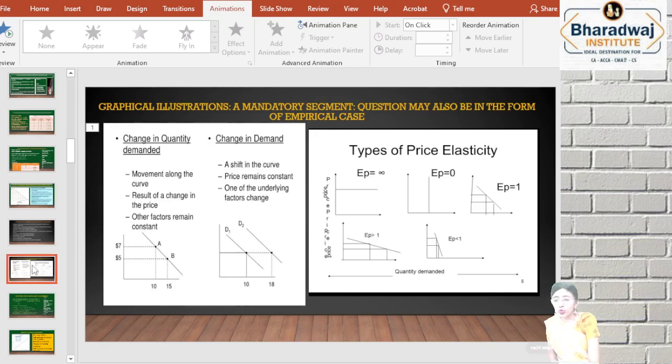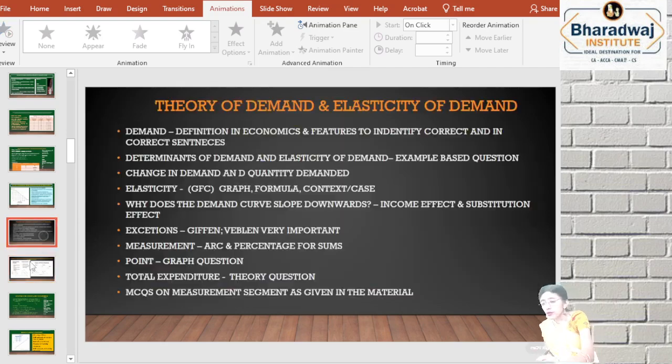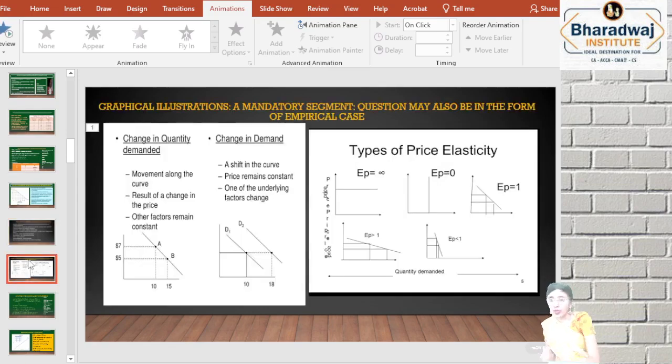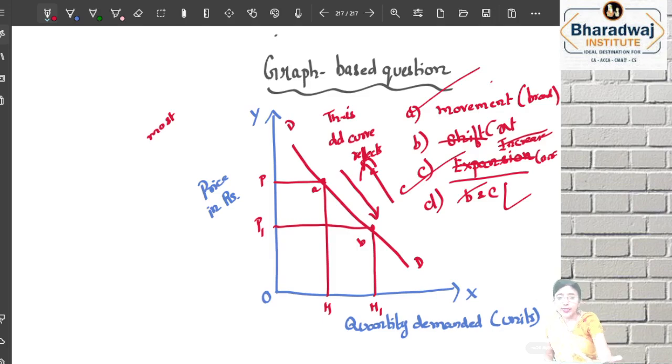Now we are going to elasticity of demand. Now we will be starting with problems. First I'll give you two problems. You can work out and then we go into exercise. What is this lesson number? Lesson 4. Put the heading as lesson 4.